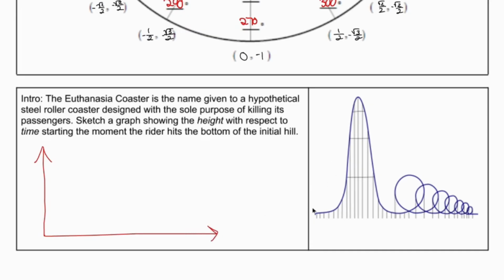We go up, we go down. This is where our graph begins. So we'll say that we're just a little bit above the ground. My height is going to go up and then down, and then up a little bit less, and then down to the bottom, and then up a little bit less, and then down to the bottom, and you get the idea.